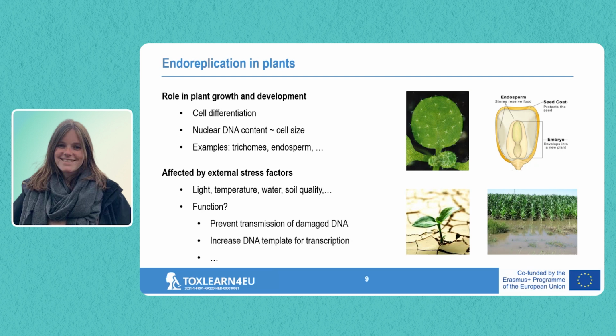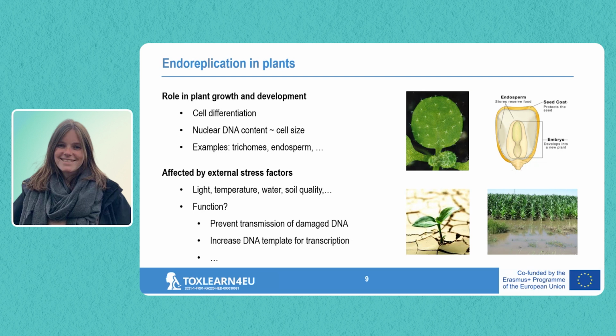For example, the induction of endoreplication could prevent the transmission of damaged DNA, because if cells would go through the classical cell cycle, they would double their DNA, which is already damaged, and then they would split it over two daughter cells. But with endoreplication, they would still double it, but it would not be split over daughter cells.